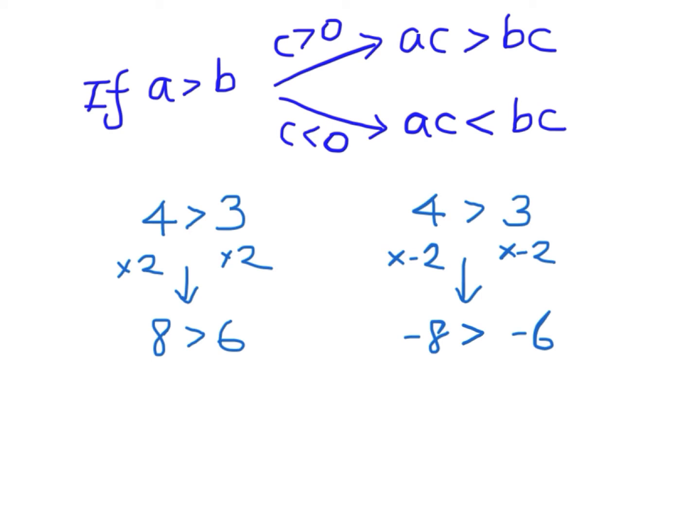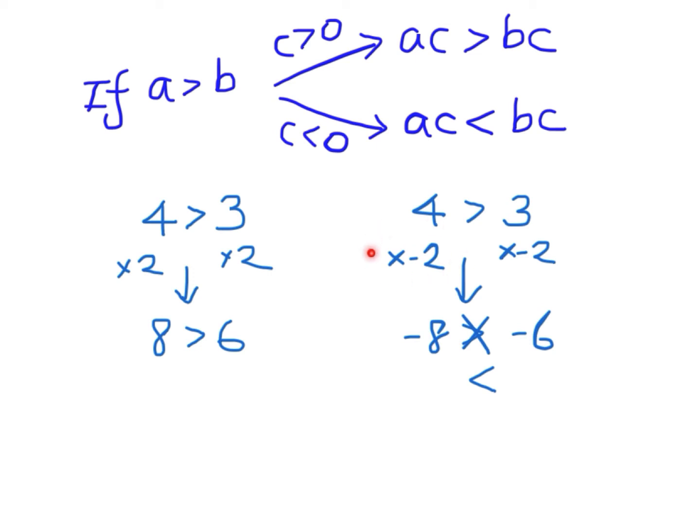So we have to change this to less than, to make the inequality right again: minus 8 should be less than minus 6. So we have to be very careful about multiplying both sides by a negative number.